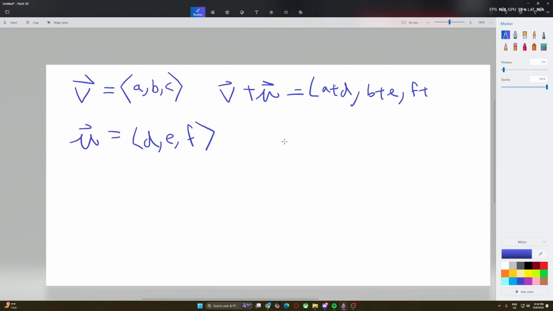So suppose you've got a dot right here. This is v vector, and this is u vector. Suppose there's a vector down here.